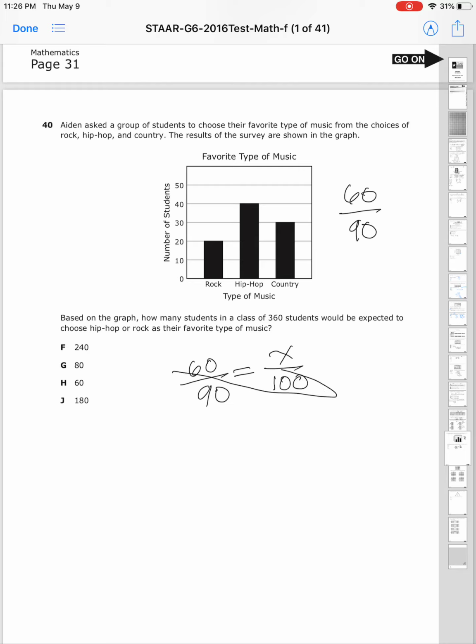So I need to find the percentage of 60 over 90 before I can do anything. So 60 times 100 is 6,000, and then 90x. Divide both sides by 90, because I need to get the variable by itself like I always do.